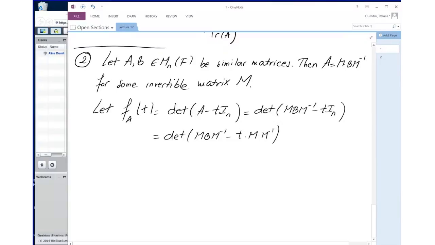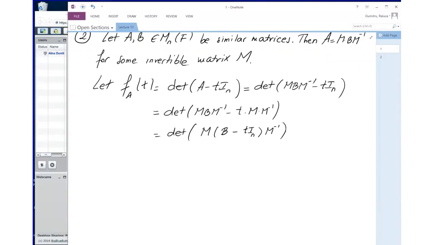And I'm going to factor out M on the left, M inverse on the right. With matrices, multiplication is not commutative, so I'll keep things where they are, left and right. And then in the middle, I will get B minus t, the identity.